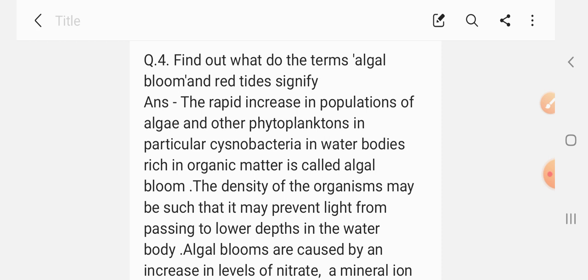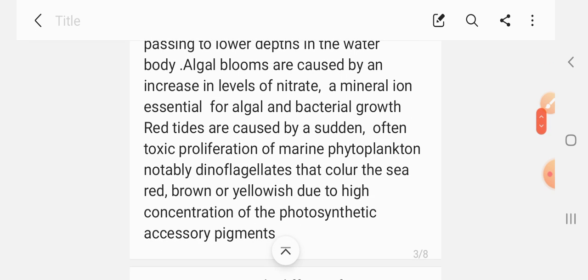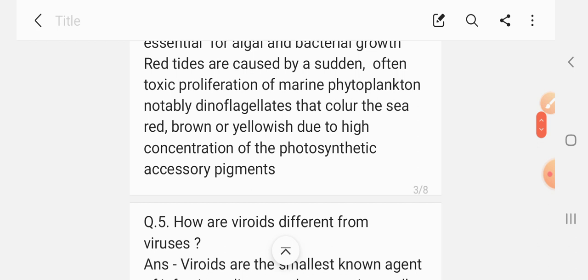Algal blooms are caused by an increase in levels of nitrate, a mineral ion essential for algal and bacterial growth. Red tides are caused by a sudden, often toxic proliferation of marine phytoplankton, notably dinoflagellates, that color the sea red, brown, or yellowish due to high concentration of photosynthetic accessory pigments.